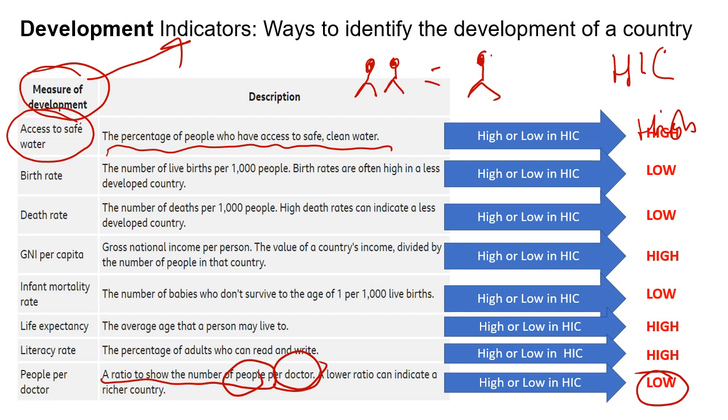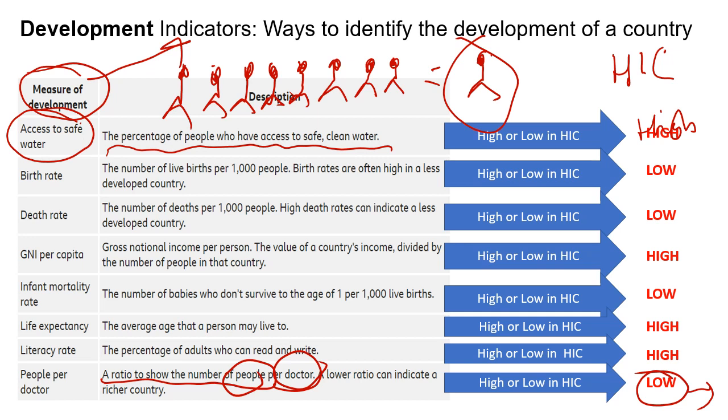A poor country may have many, many more patients per doctor, a high ratio, and therefore that doctor is very busy and maybe unable to treat that number of patients. So that's a tricky one there, but you may want to pause this video, reread the indicator to understand that.